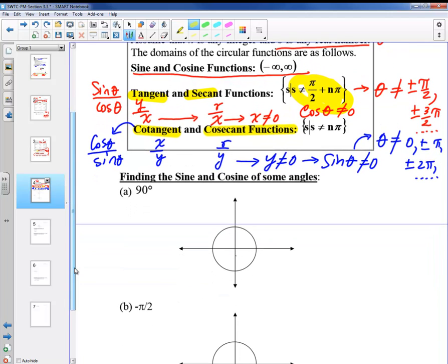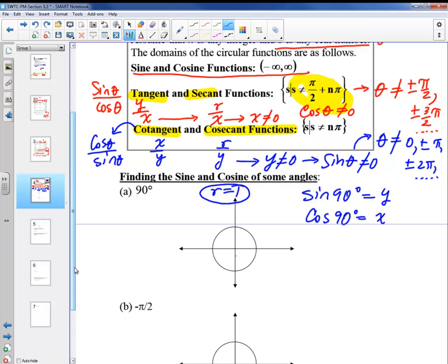Now, back to the unit circle. Remember, we are assuming that r equals 1, so the radius is 1, and they ask you to find sine and cosine. If you know the radius is 1, then when you're looking at sine of 90 degrees and cosine of 90 degrees, it will be equal to the y and to the x of the point of intersection of the unit circle and your angle.